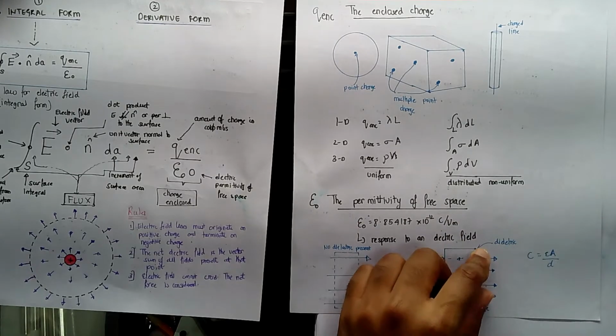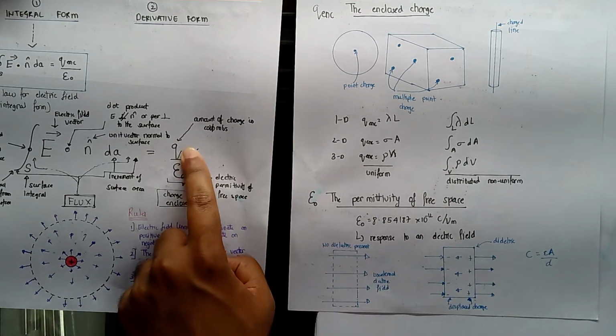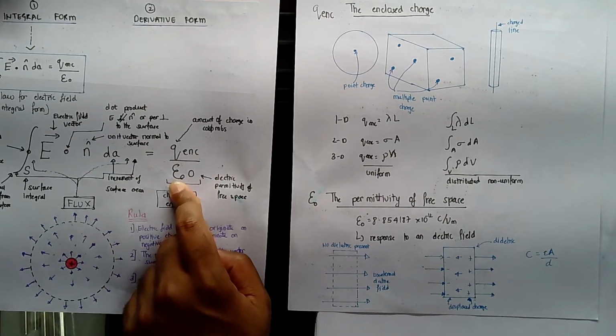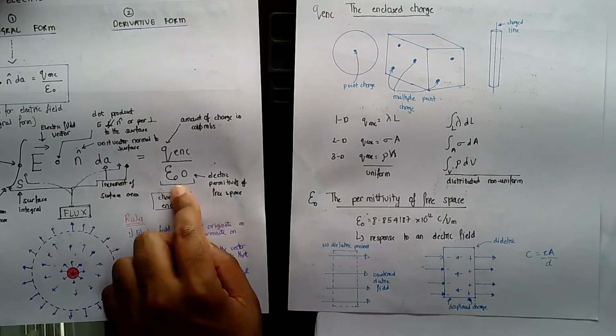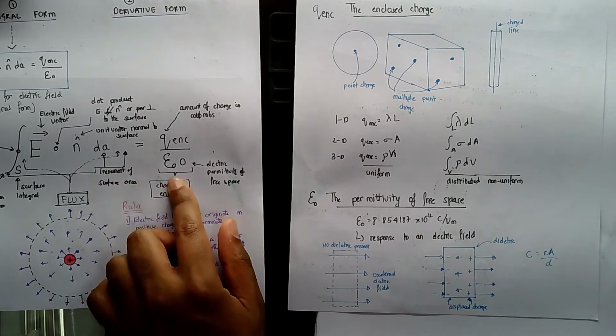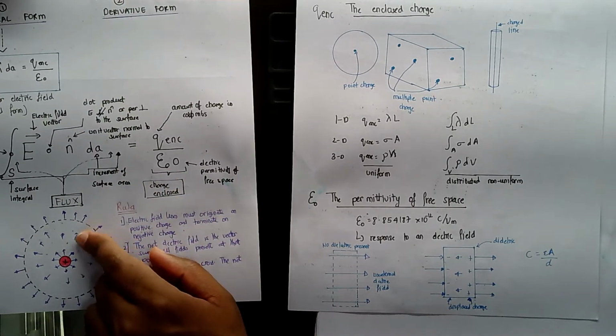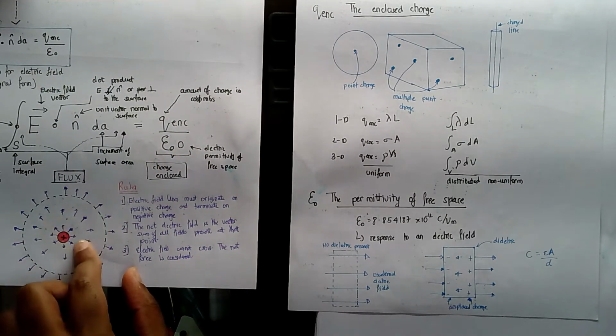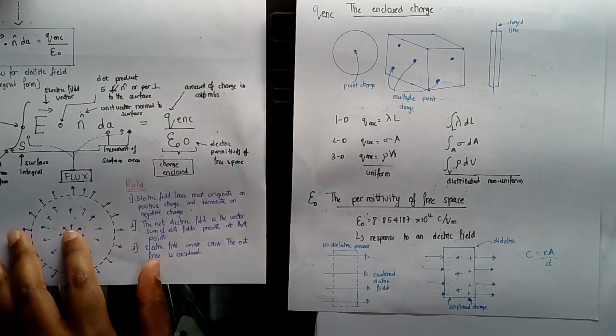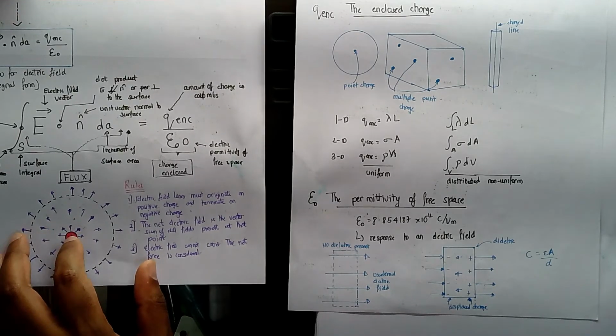If you take this Q enclosed, the charge enclosed, divided by the permittivity of free space, which is a dielectric constant if you think of it that way, that should give you the total charge that this particular enclosure would have.